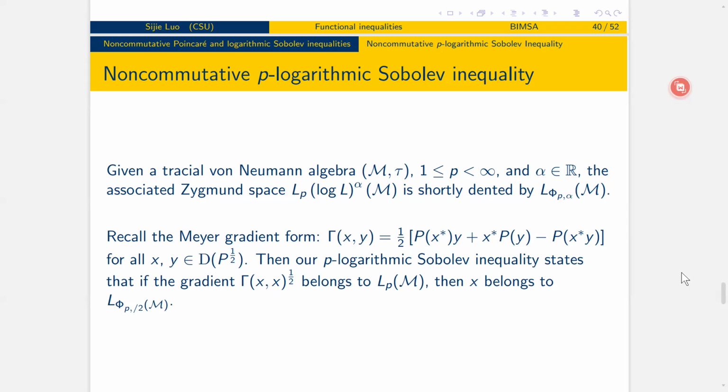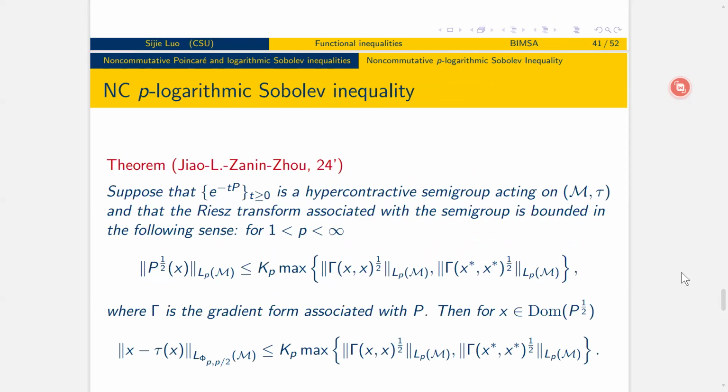Now, what is the p-log inequality? What is the setting? Our result here is abstract. What does abstract mean? It means that for every hypercontractive semigroup acting on a tracial von Neumann algebra, and if the Riesz transform here is bounded, we only impose these two conditions: one is hypercontractivity, and the second is boundedness of the Riesz transform.